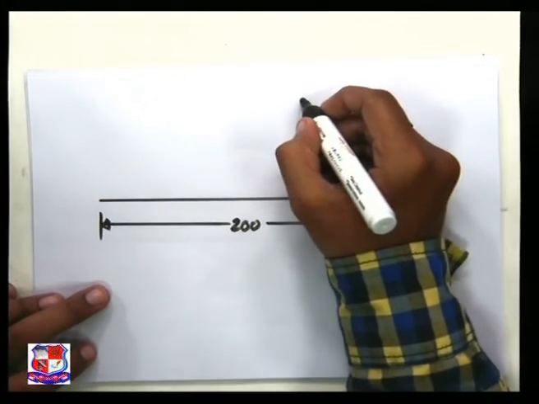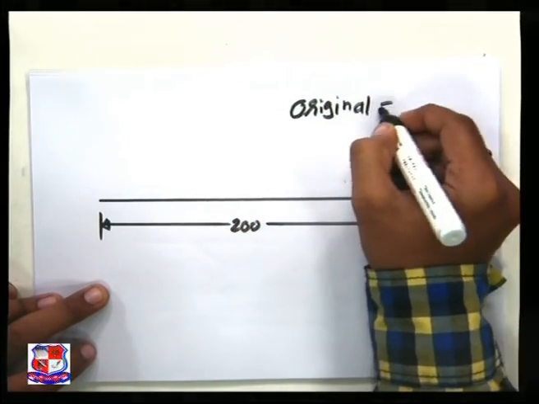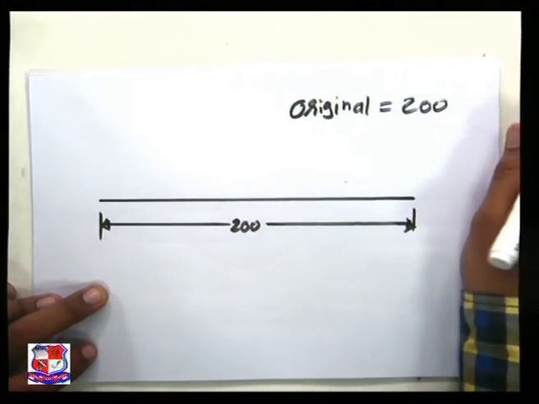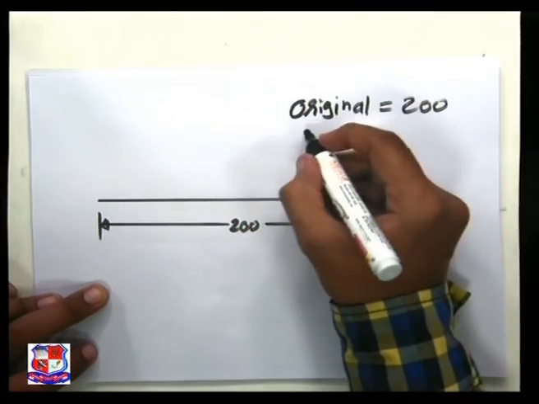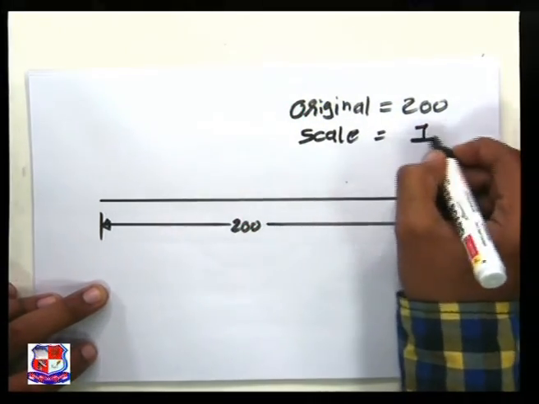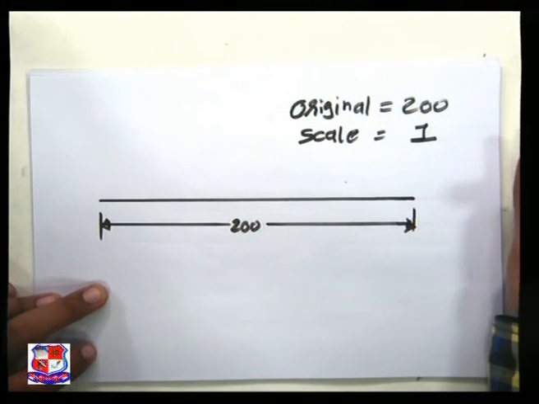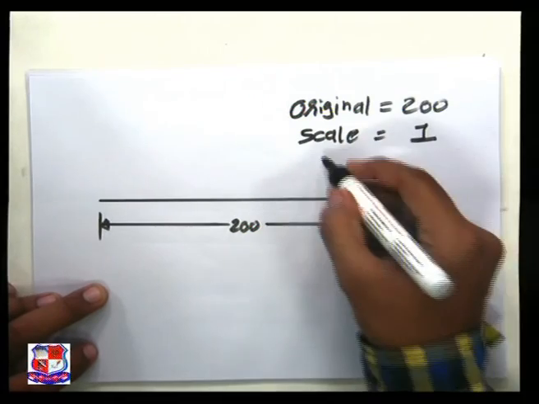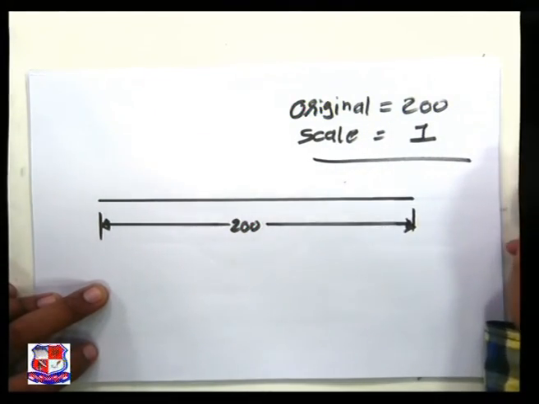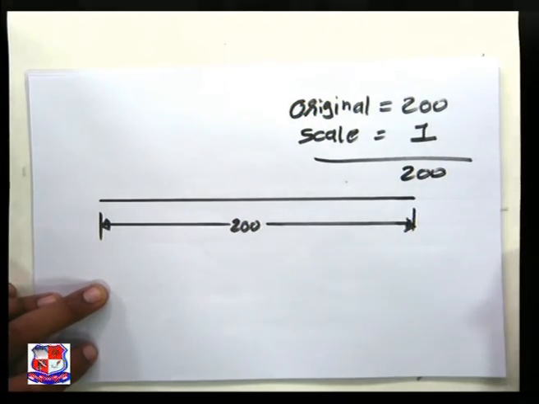So what is the thing? Original 200, scale 1, because I don't need to either multiply or divide. Multiply or divide, it will come to 200 only.